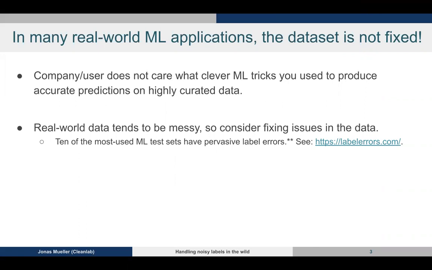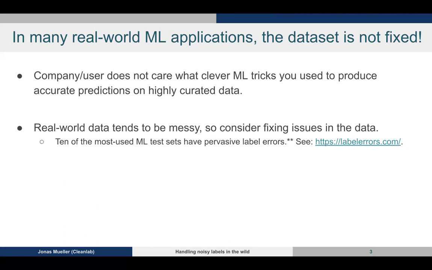And one big key type of issue that's common in such data sets in the real world is that the labels that are given to you are not always correct, especially when these are derived from human annotation. And this holds even in the machine learning world. In these academic benchmarks, 10 of the top most used benchmarks for deciding the progress of machine learning research, we found they have very common label errors throughout them.